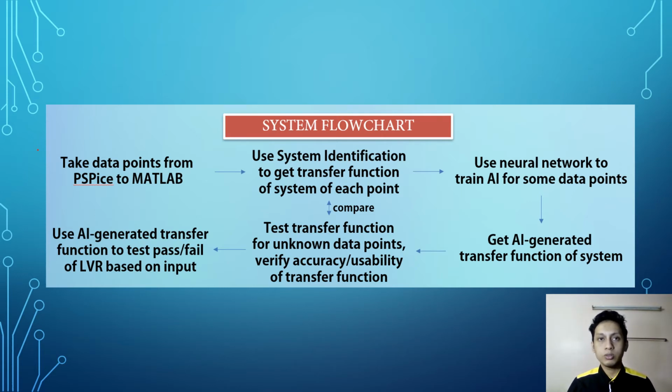We can also verify the accuracy by comparing the transfer function from the AI generated neural network to the transfer function of the system identification. And then finally, use the AI generated transfer function to test pass-fail of the LVR based on input.